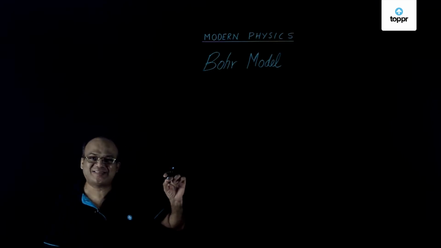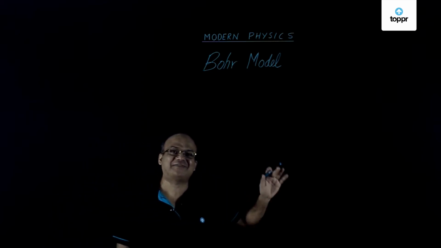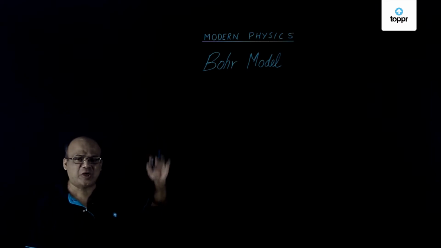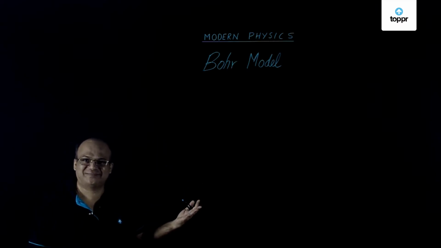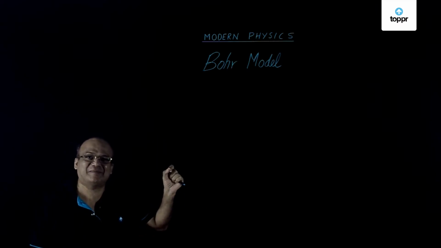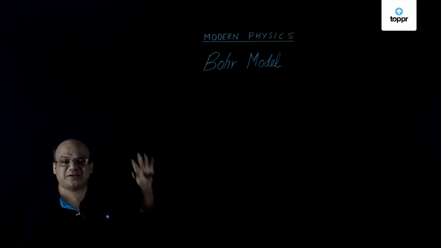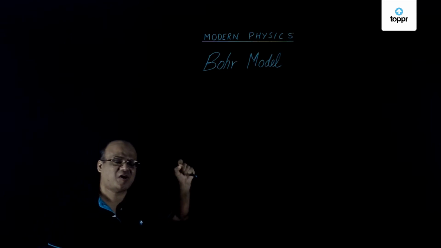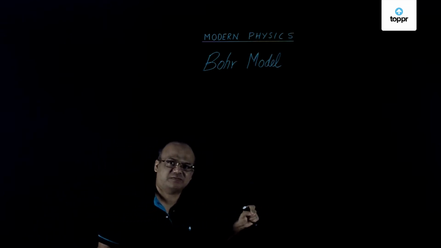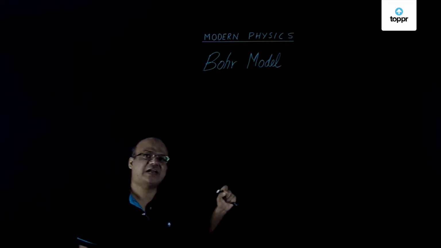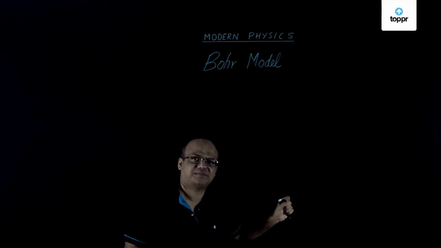Now we will discuss the Bohr model of the hydrogen atom. Bohr proposed a model. It does not mean what some of you may be thinking. Bohr proposed a model of the hydrogen atom based on a clever combination of classical and early quantum concepts.